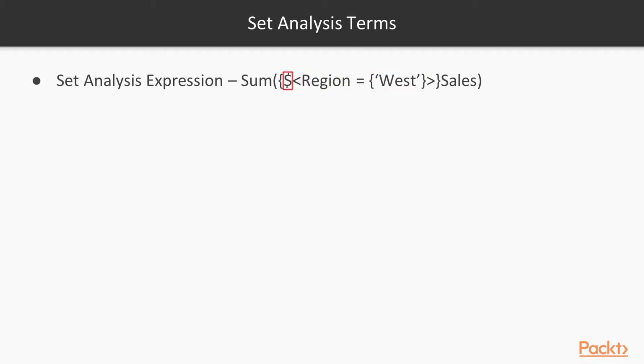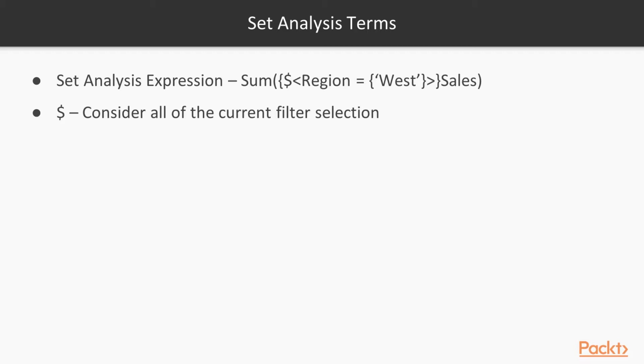But over here, the dollar sign is something that you can replace with a couple of other signs. What the dollar indicates, and what the other signs are, we will look at in just a couple of seconds. First of all, dollar considers all of the current filter selections.